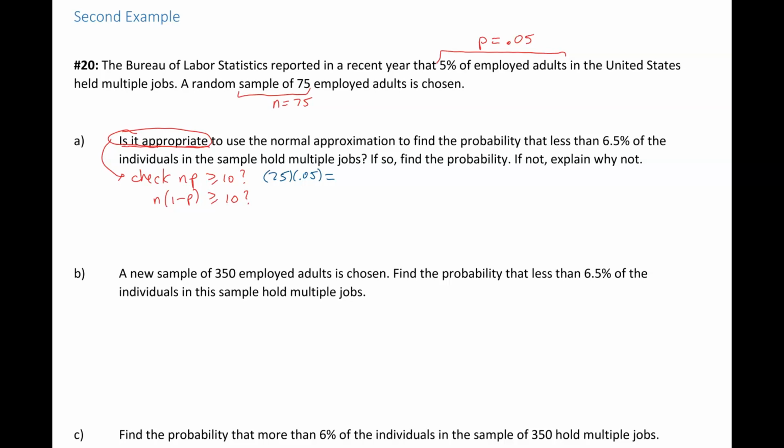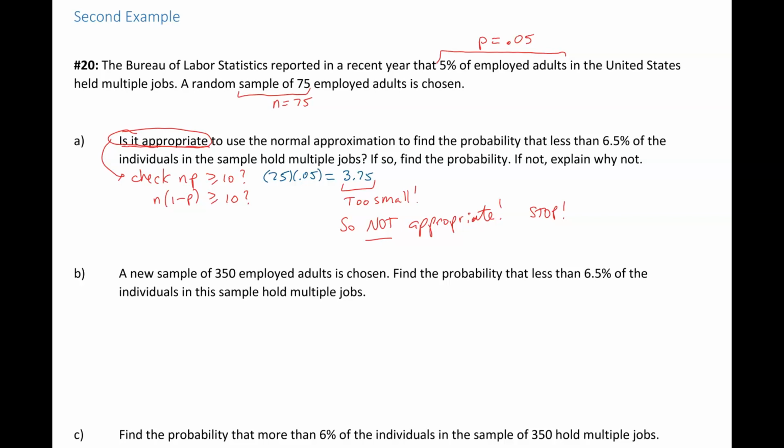Uh-oh, that's only 3.75. This is too small. It needs to be at least 10. So it's not appropriate. We do not have the tools because we don't know that this is a normal distribution. We just stop.